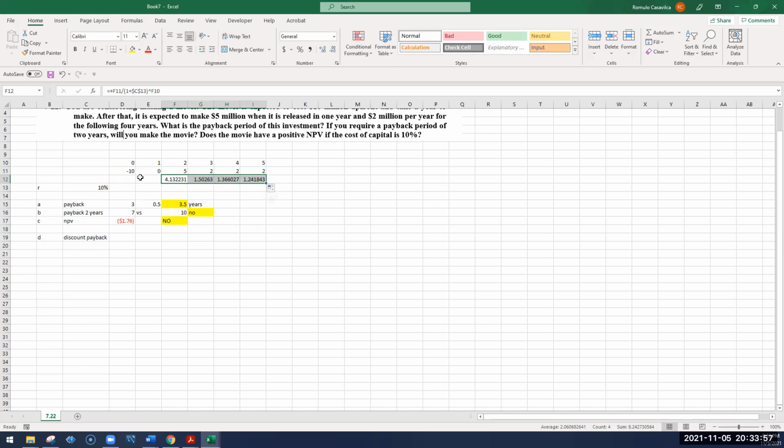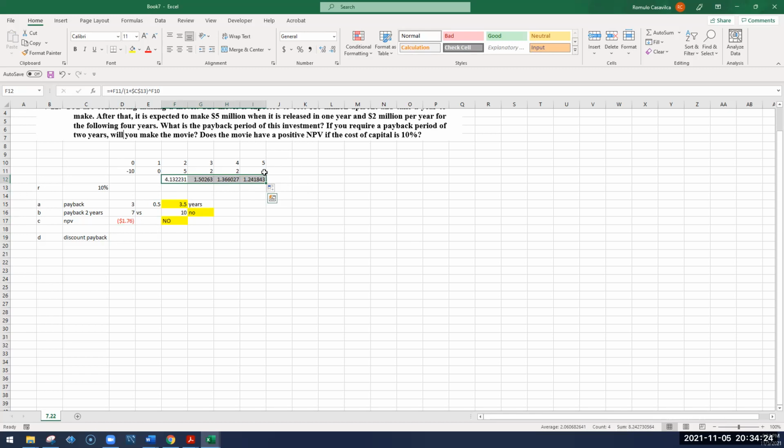If this was positive, this would be greater than 10, like my investment. In this case, the discount payback period, we don't have any because the NPV is negative. Because if you add them all together, you see it's 8.24 versus minus 10. So you're short. So the discount payback is more than this.